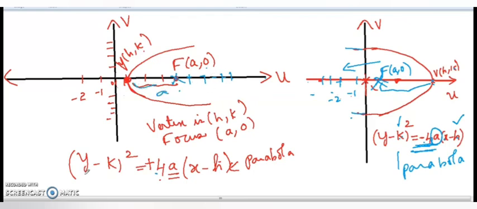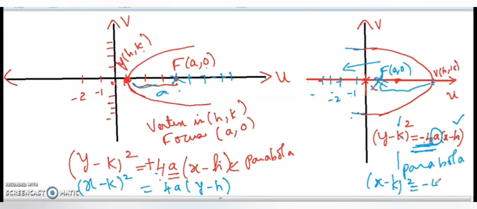Similarly, you can have the equation like this: x minus k whole square is equal to 4a into y minus h. Here also you can have x minus k whole square is equal to minus 4a into y minus h.